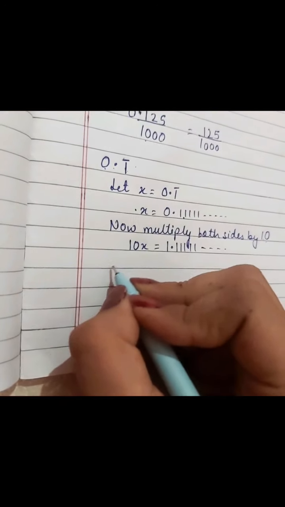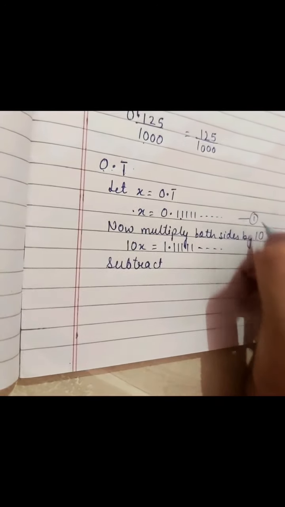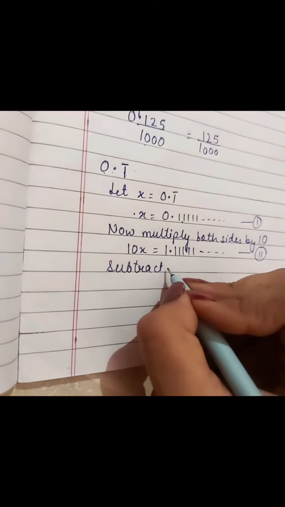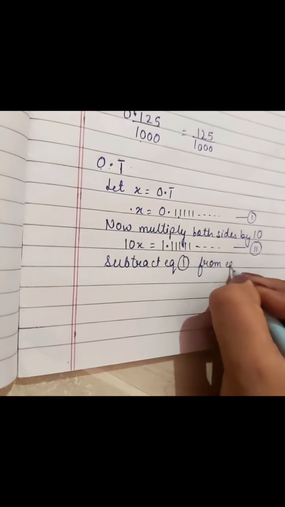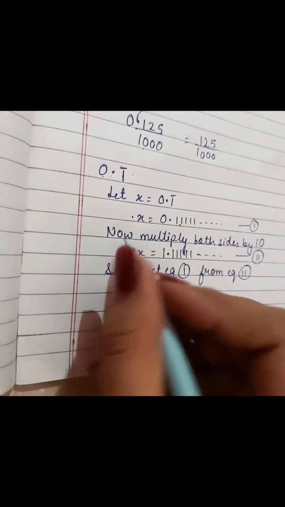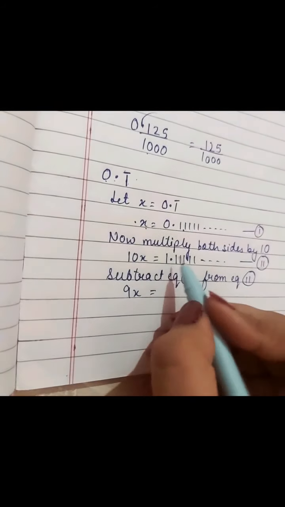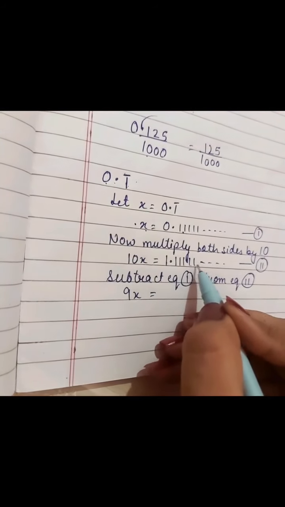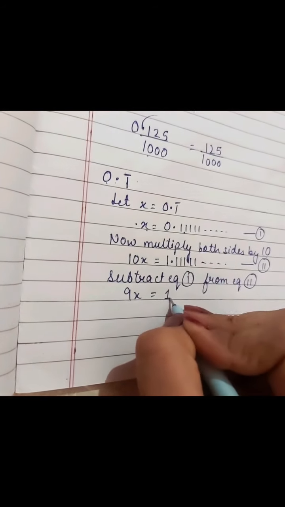Now the third step is subtract. This is equation number 1 and this is equation number 2. Subtract equation number 1 from equation number 2. 10x minus x gives 9x, and on subtracting 1.111 and so on and 0.11 and so on, we get 1.